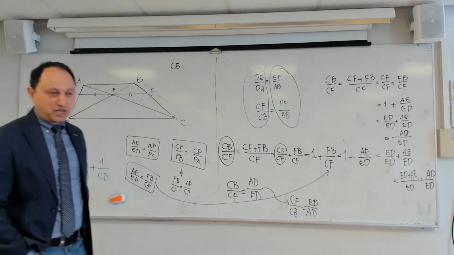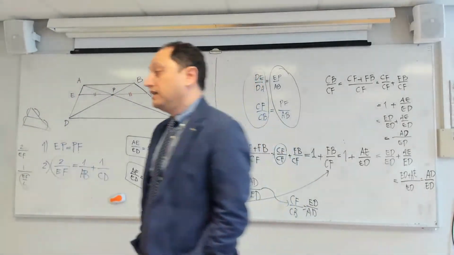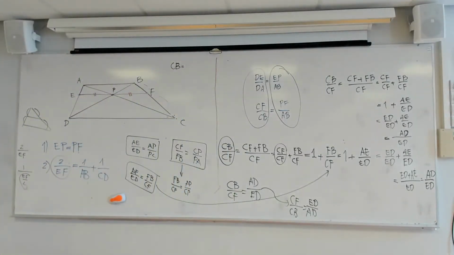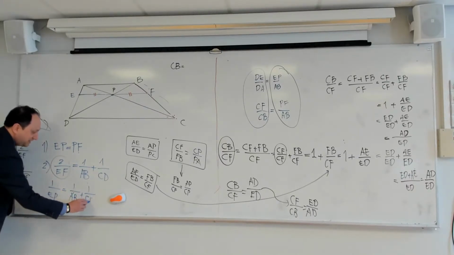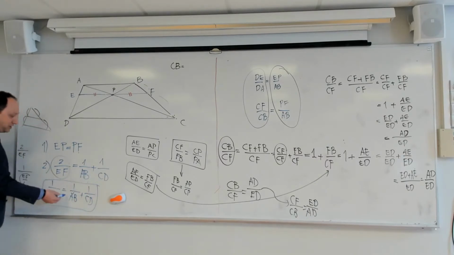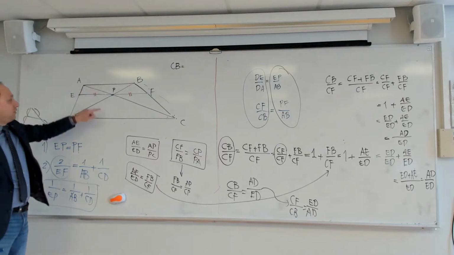I want to teach concrete material, but I just want to give you a flavor that geometry could be really fun and extremely hard. You should write EF divided by 2 as EP. This becomes 1 over EP now, so you need to show that 1 over EP is equal to 1 over this plus 1 over this. This is a nice relation, by the way. In any trapezoid, 1 over EP is 1 over this plus 1 over this.